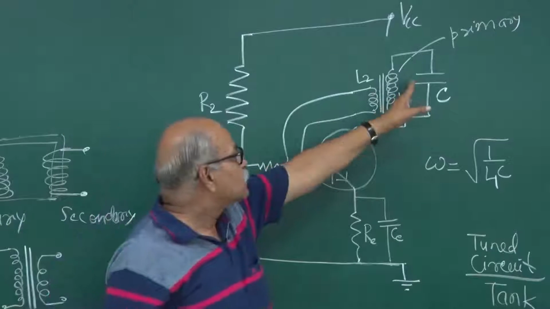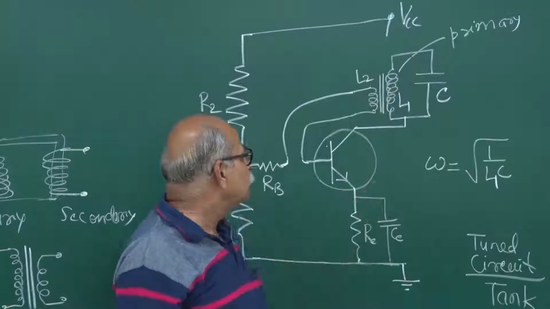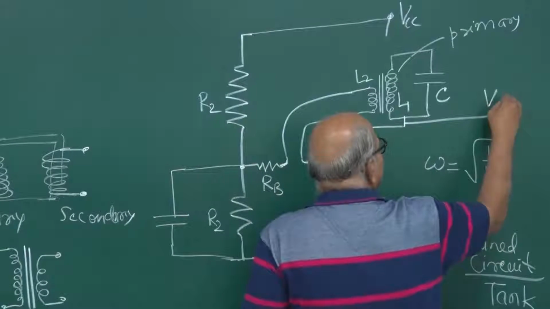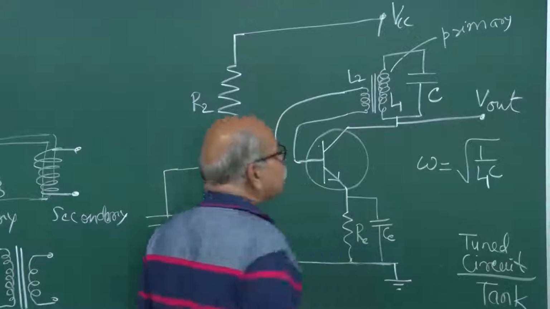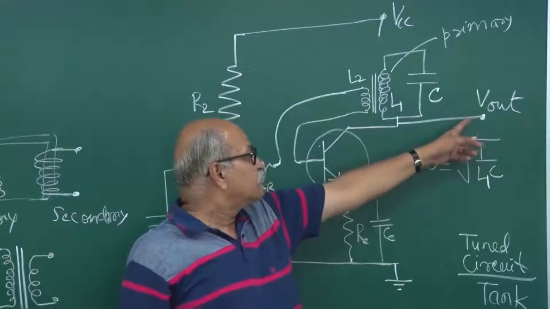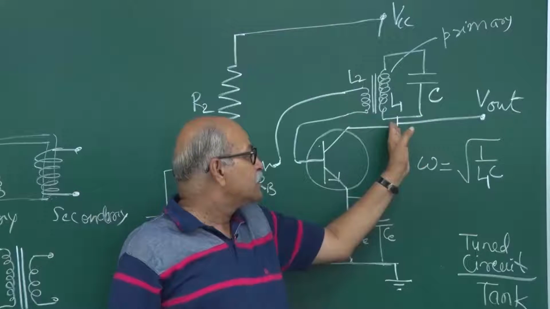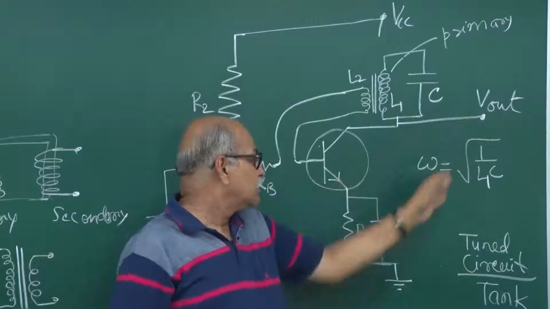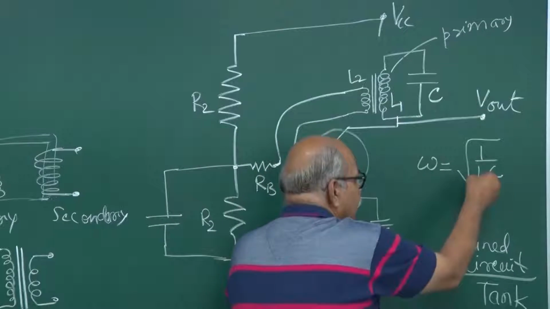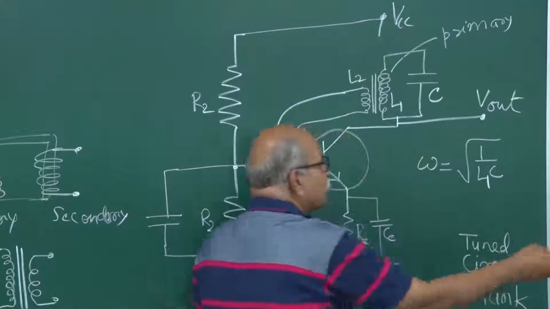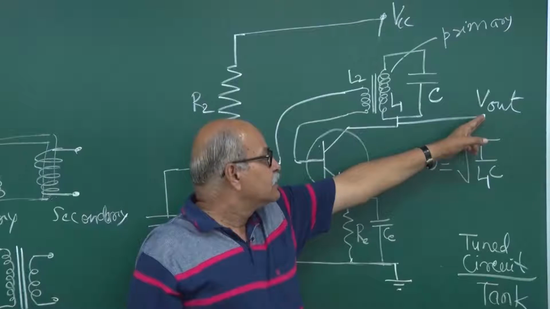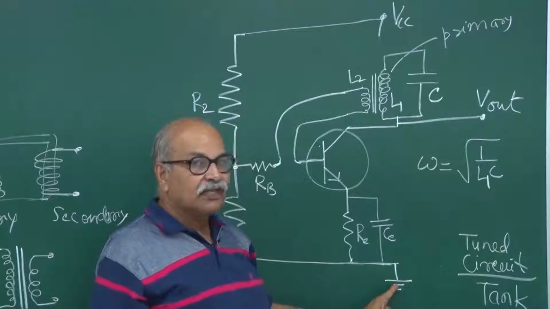So if you look at this, you can use your output also. You can use your output from here, V out. And when I write V out here, that means the voltage is taken from here with reference to the ground. I could have put a line here and said that here is the output, but writing V out itself means that this is with reference to this ground line.